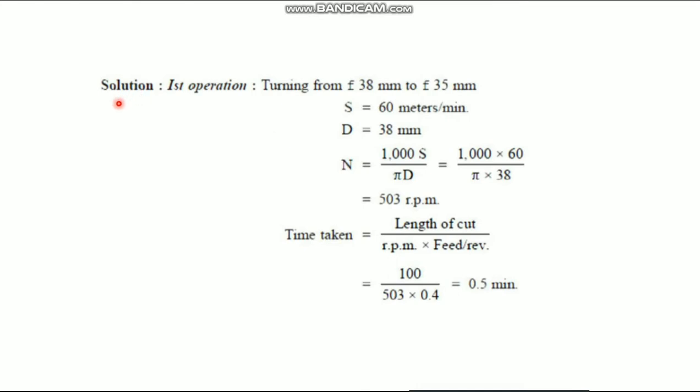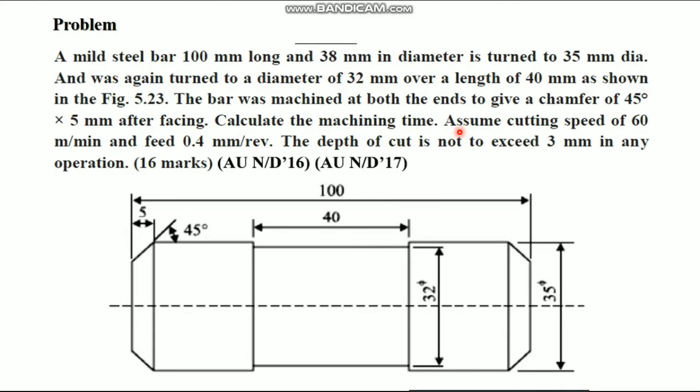First step, practically you have to think, is turning of the bar from diameter 38 mm to diameter 35 mm. Here the bar stock size is 38 mm, but the maximum diameter of the required part is 35 mm.